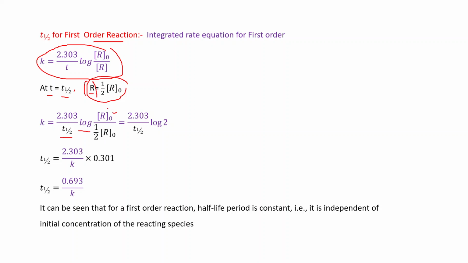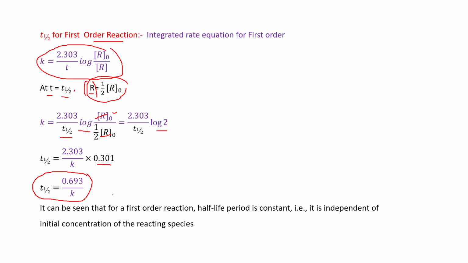If we solve this, R naught is cancelled by R naught and then we'll get log 2. So 2.303 divided by T half, log 2, and the value of log 2 is 0.301. If you multiply this, we will get T half is equal to 0.693 divided by K. Again, remember this relationship. It is important from the numerical point of view.